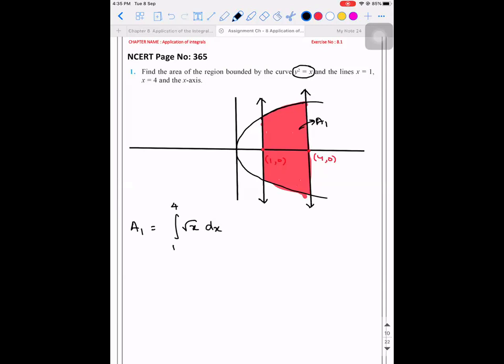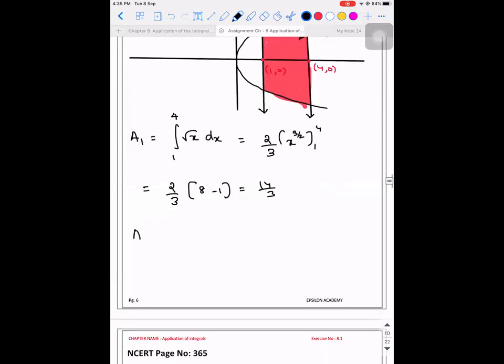So x power half divided by one half gives 2 by 3 x power 3 by 2, from 1 to 4. It will be 2 by 3 into 8 minus 1, which is 14 by 3. So the required area will be equal to 2 times A1. That will be 28 by 3 square units.